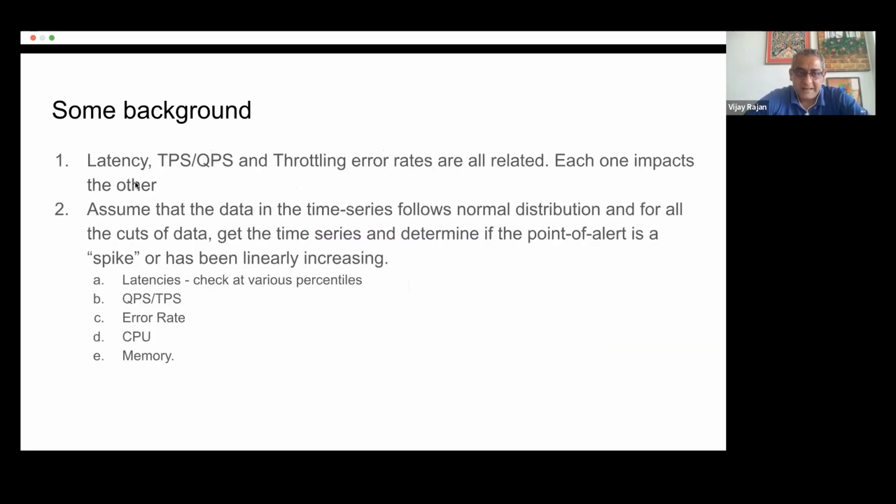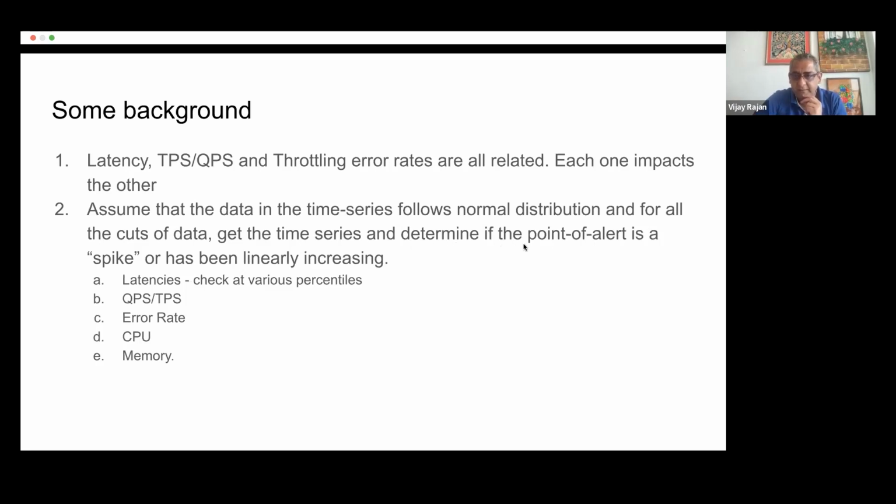So some background: latency, TPS, QPS, throttling, error rates are all related. Each one impacts the other. Assume that the data is in time series and follows some normal distribution, and for all cuts of data, right? So you can even apply a simple one-level group by or an Apriori level kind of thing. And each of those nuggets would have kind of a bell curve. So that's an assumption.